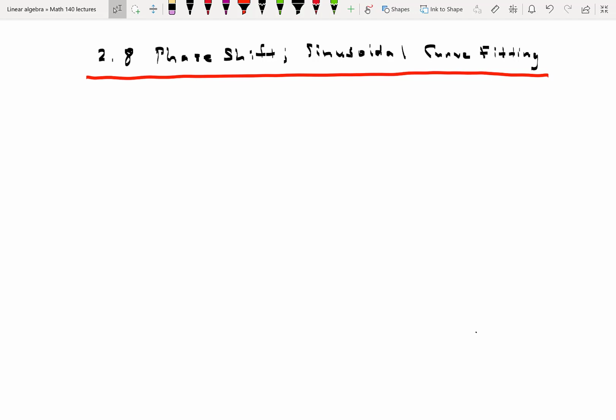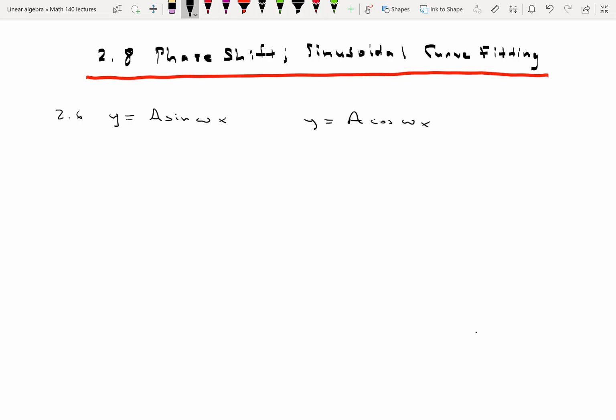In section 2.6, we looked at sketching the graphs of trig functions of the form y equals a sine omega x and y equals a cosine omega x.